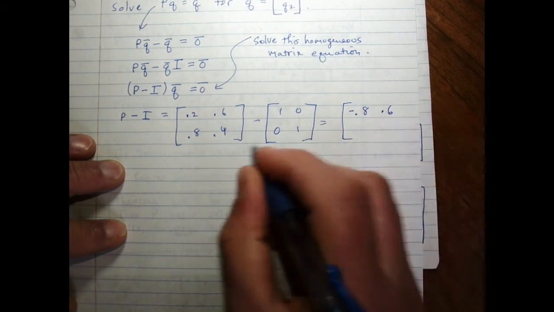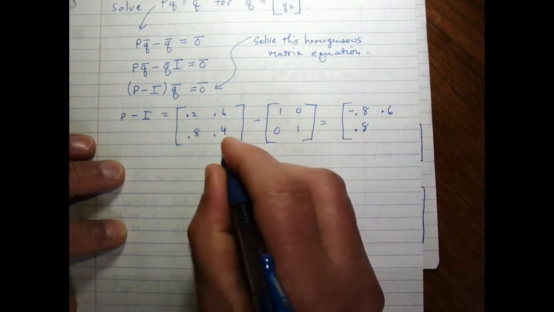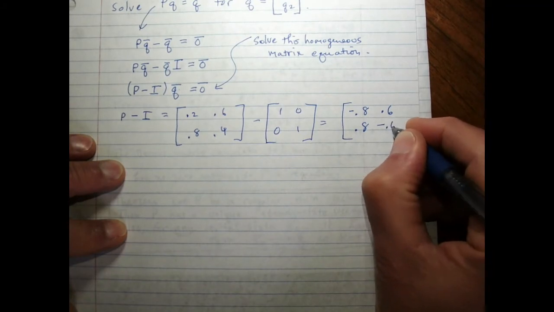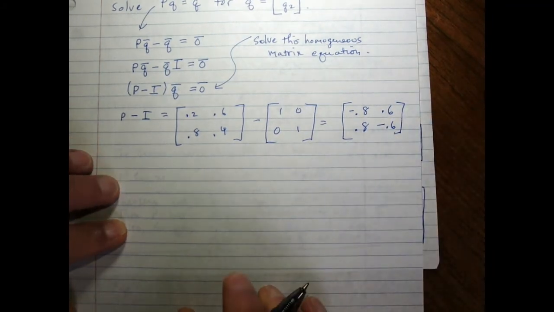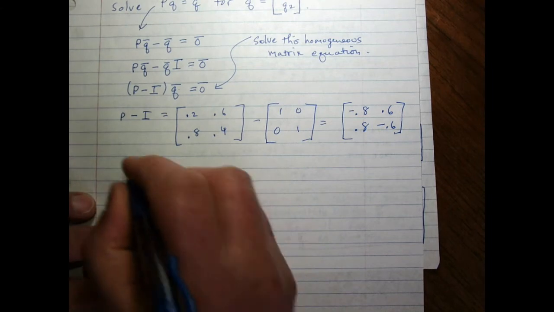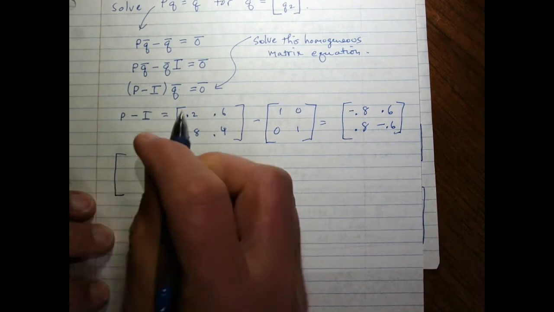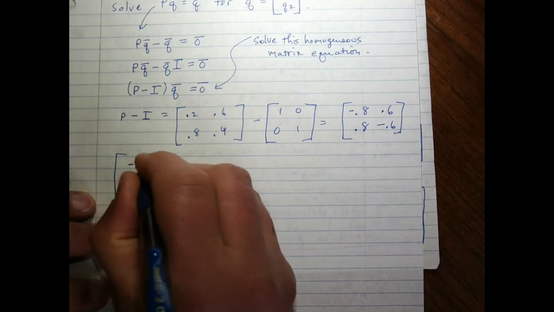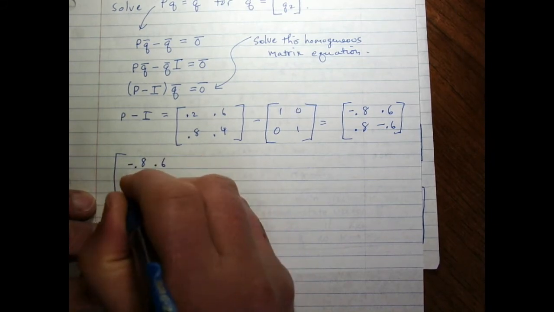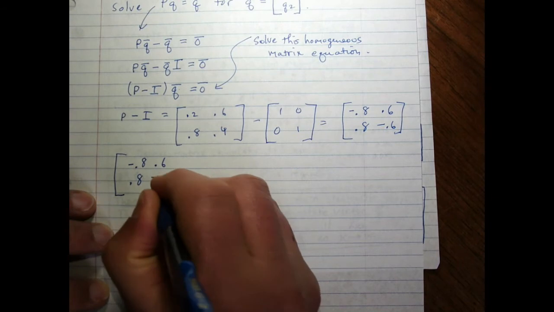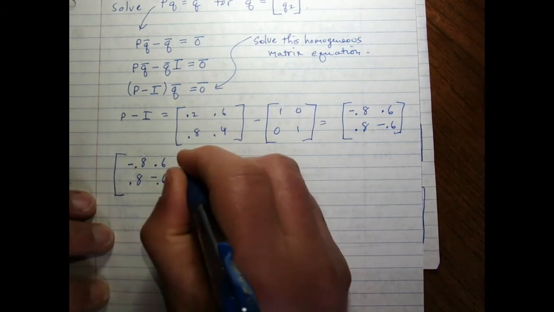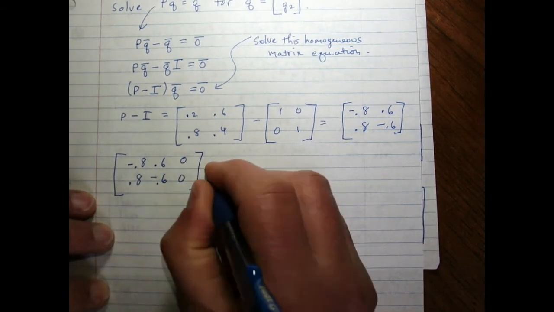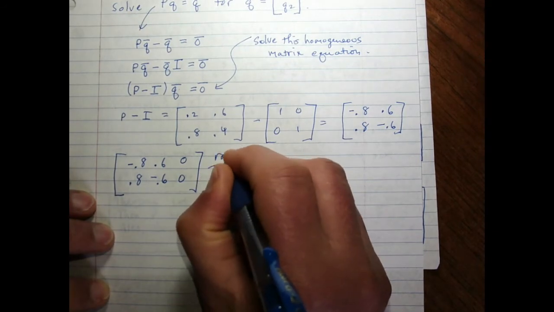Then I get 0.6, 0.8 here. 0.4 minus 1 is negative 0.6. And I want to solve this homogeneous system, so my augmented matrix is just 0, 0 on the end, right? And I want to row reduce.